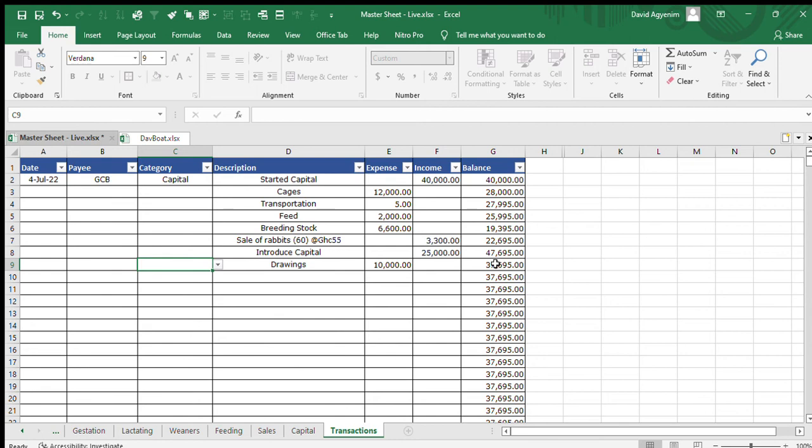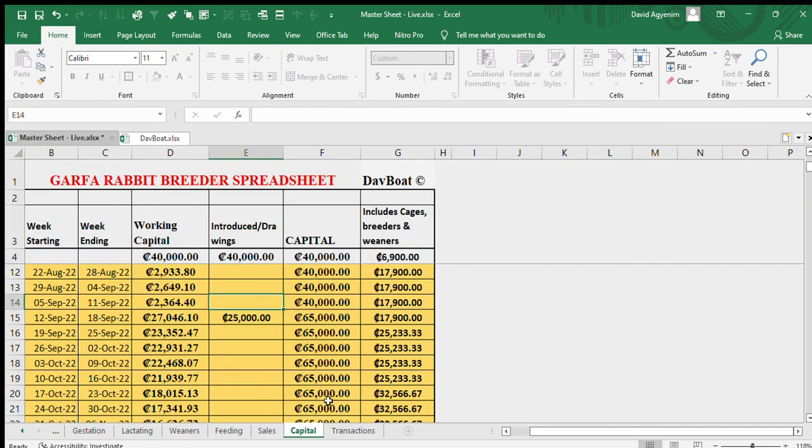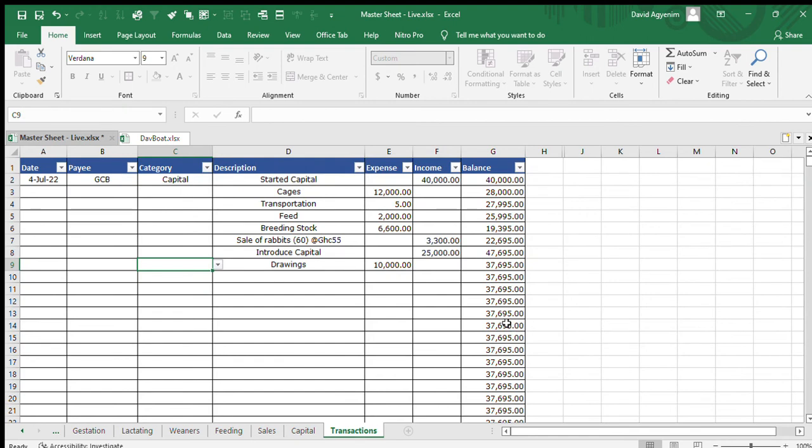Then you know that you are on the right track. This is your balance. This is the money that you have to run your business. The working capital that you see here is projections. This is the actual. Okay, so that's it for the capital and the transaction.